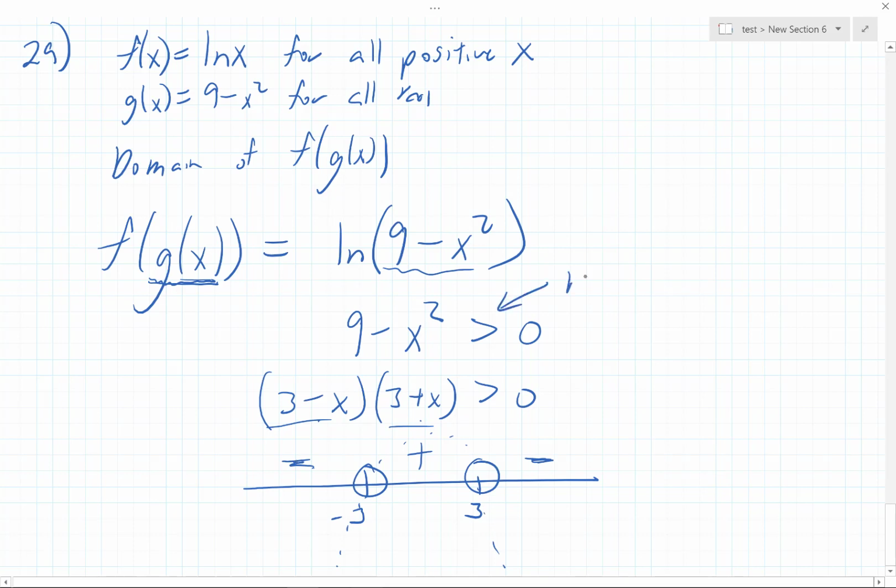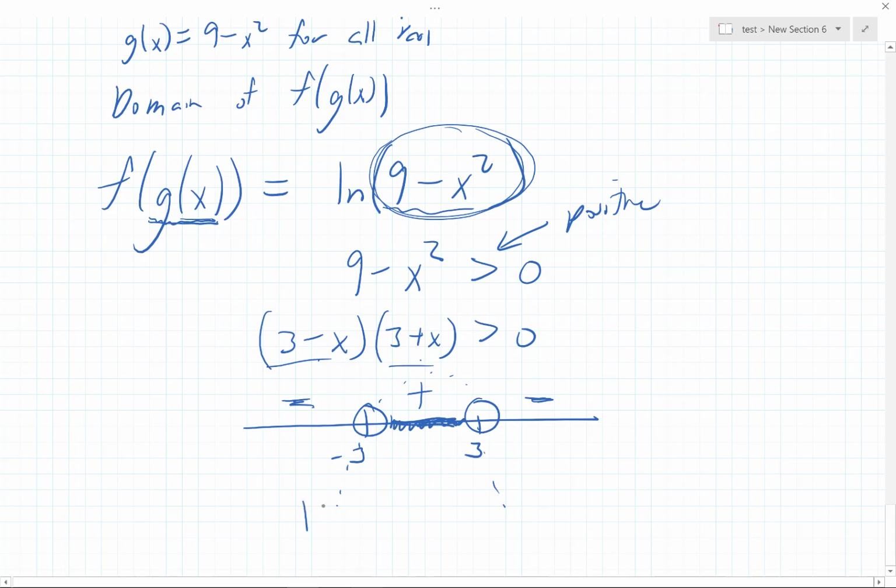Since it's greater than we want the positive stuff, so the positive stuff is going to happen between -3 and 3. So I'm only allowed to plug in functions between -3 and 3 into this, otherwise I'm taking the ln's of negatives, and that's just terrible. So your domain should be between -3 and 3, and we're not allowed to equal it because we can't take the ln of 0.